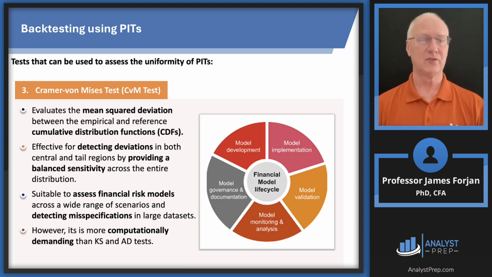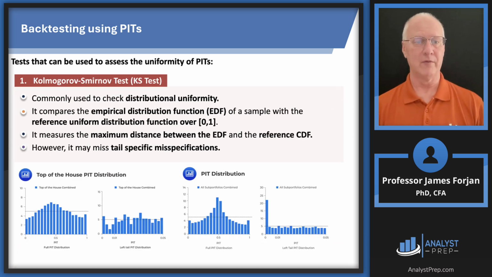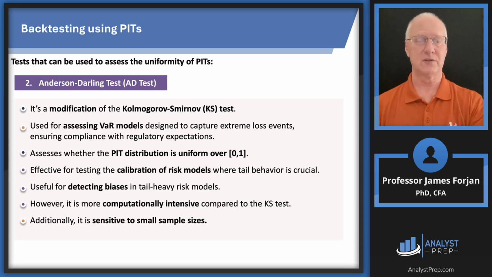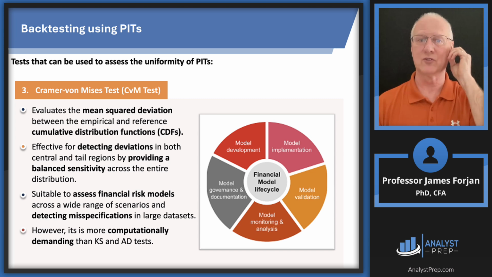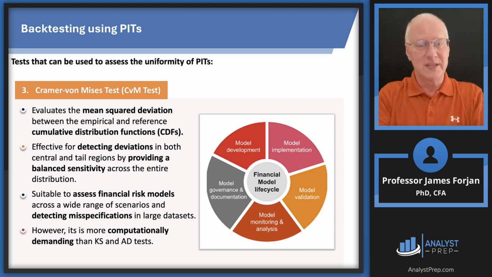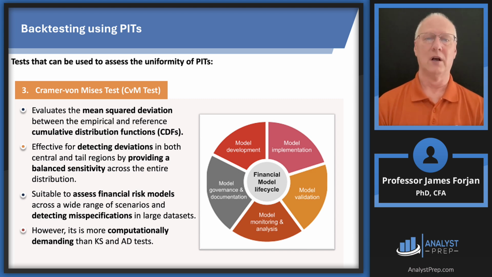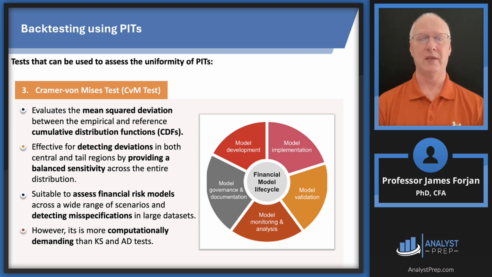Now let me skip over to the Cramér-von Mises test. What this one does, remember back here, both of these tests use maximum distance, okay? This test here uses the mean squared deviations, so it's a different kind of ruler. What this does then is detect deviations in both the middle and in the tail.